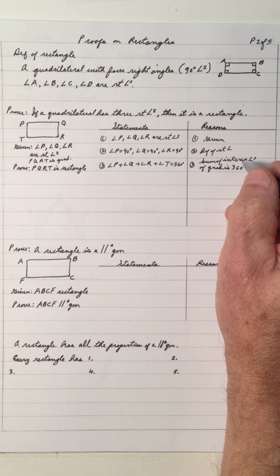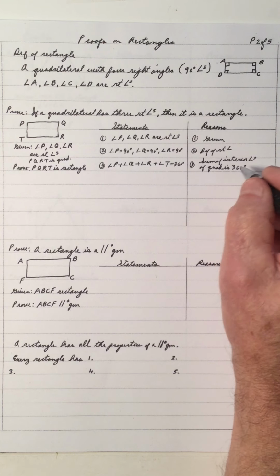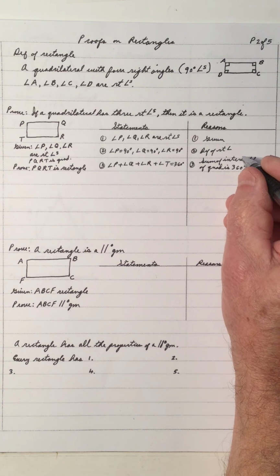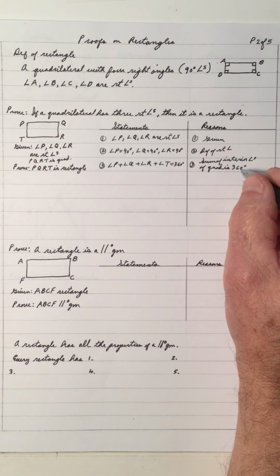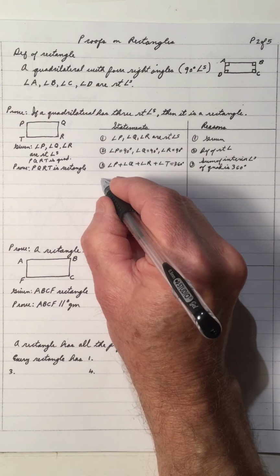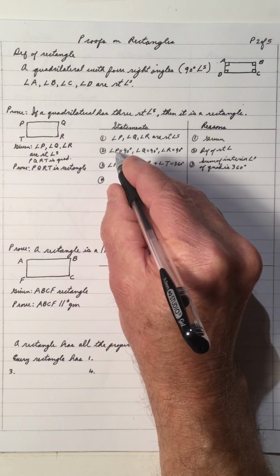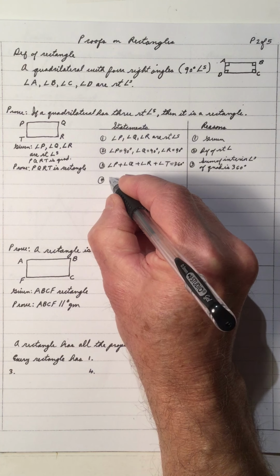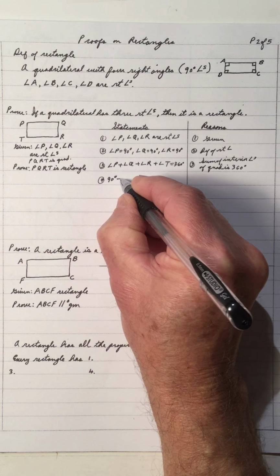We've done units on polynomials, so that was worked out in those videos on the polynomials. Number 4, angle P is 90, so we'll put 90 in.